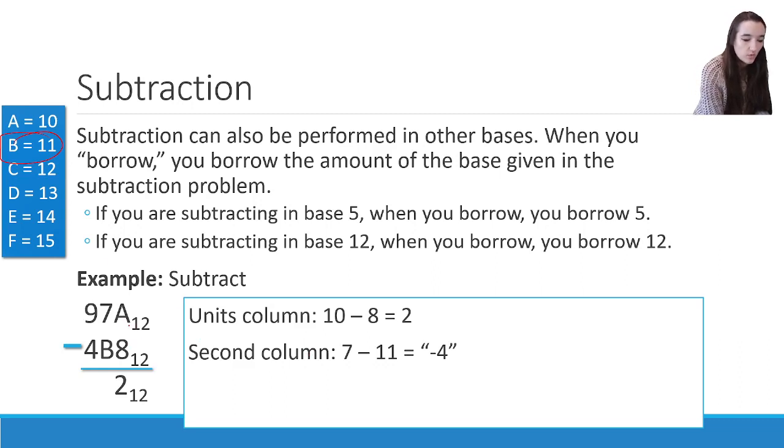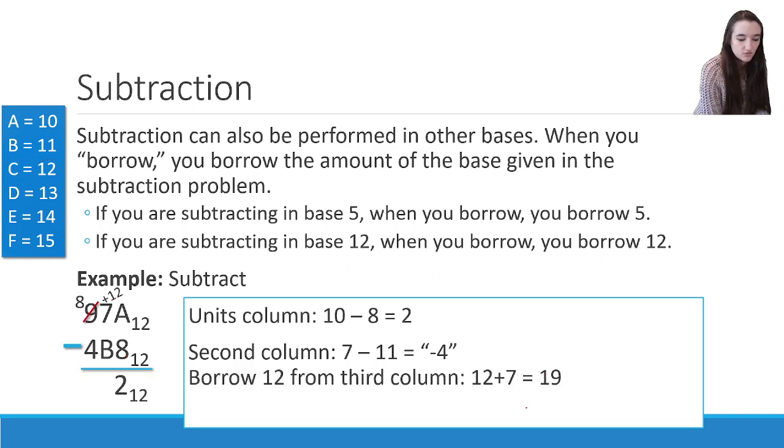So we knock down the 9 and add 12 because we're in base 12. So we borrow 12, this becomes 7 plus 12 is 19. So it doesn't become 17 like it would when we are subtracting in normal base 10 numbers.